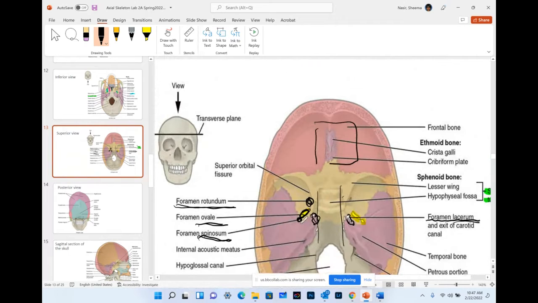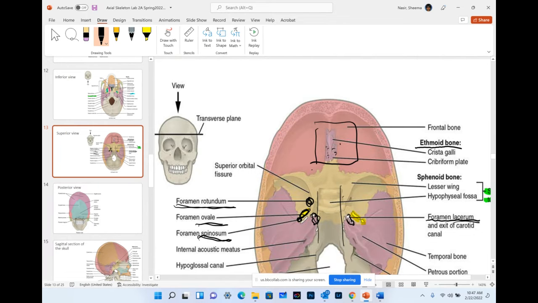You see this bone? And you're going to see it has a lot of holes in it. So on the inside, you can still see a bone with a lot of holes in it. See that? That is your ethmoid bone.